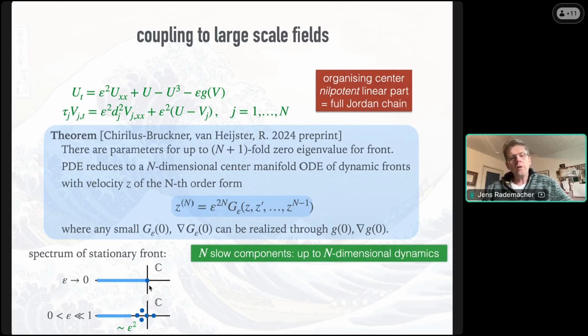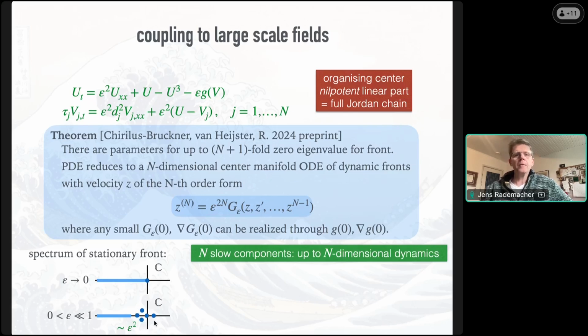And now when we turn on epsilon, the essential spectrum retracts from 0, it moves to the left, but it spits out up to n eigenvalues, which are close to 0. And these n eigenvalues form this center manifold. They are the basis of the center manifold. And we have quite good control over the location of these eigenvalues.